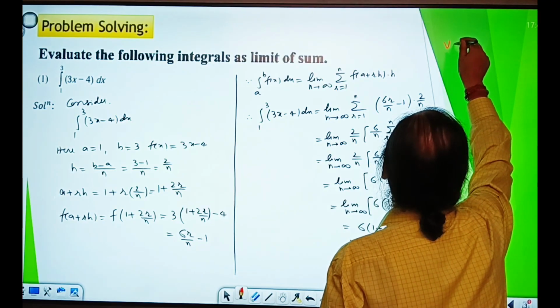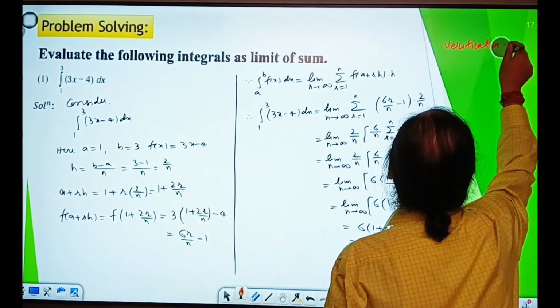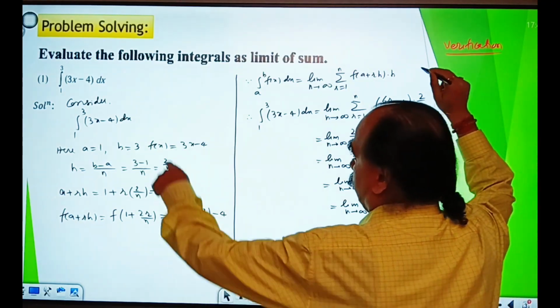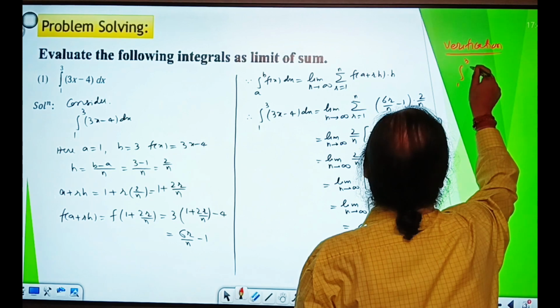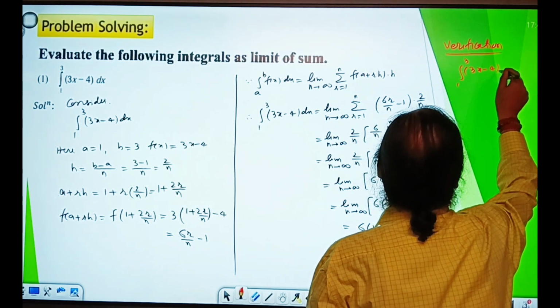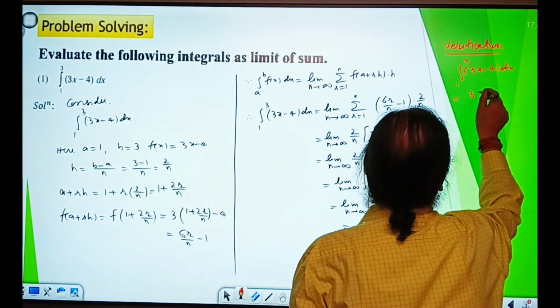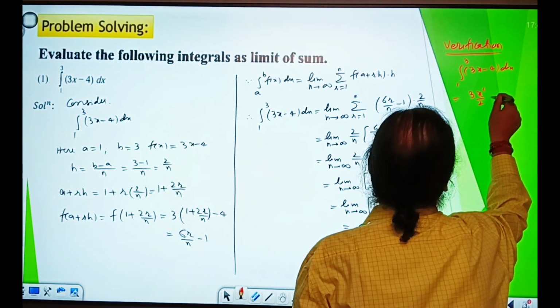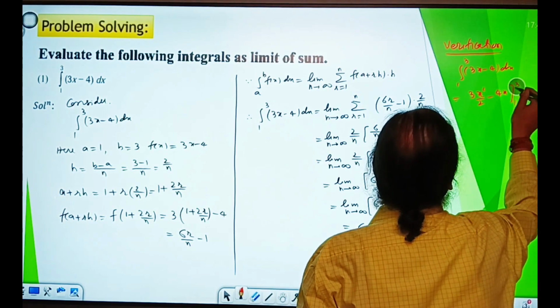Verification. Integral 1 to 3 of (3x minus 4) dx is 3x square by 2 minus 4x between 1 to 3.